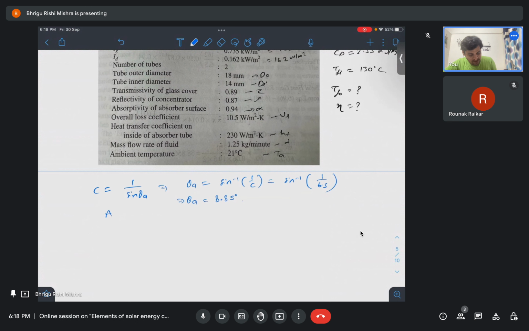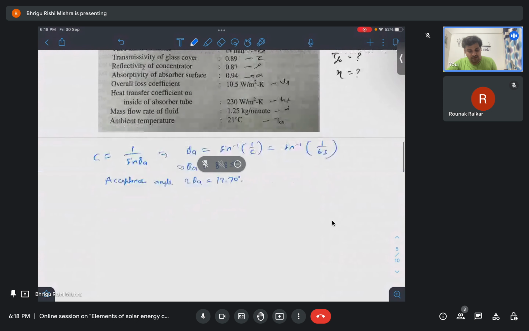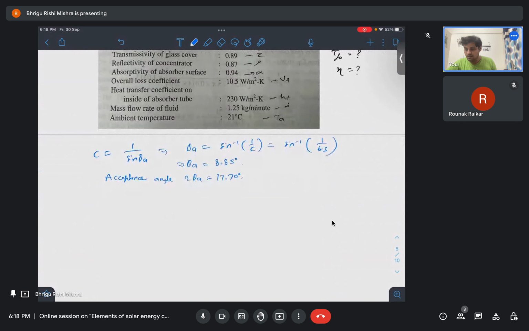That means the acceptance angle, which is 2 theta, is 17.70 degree.